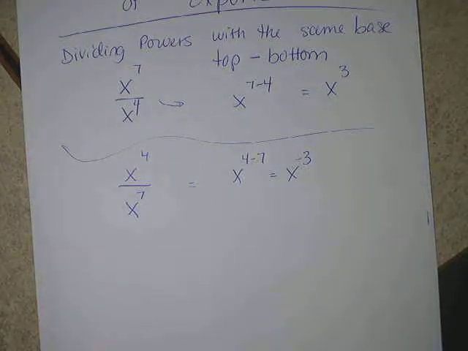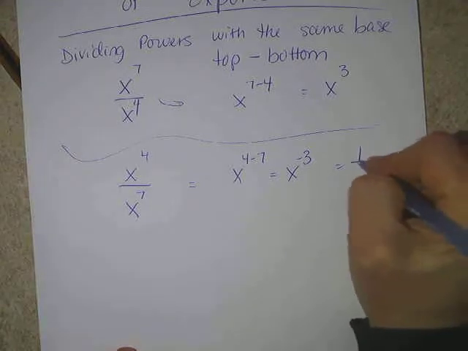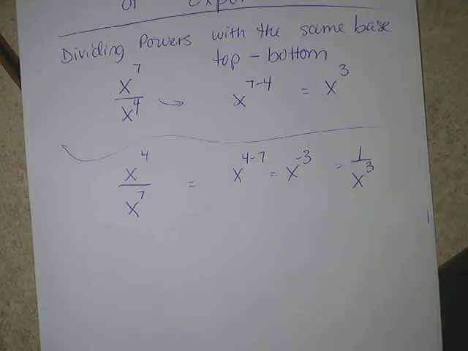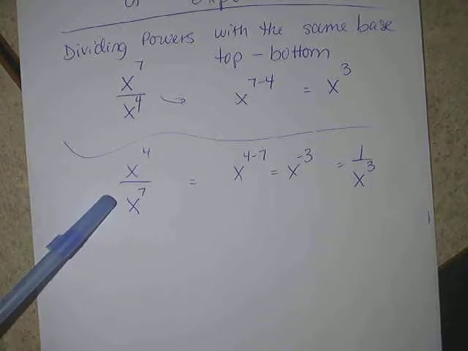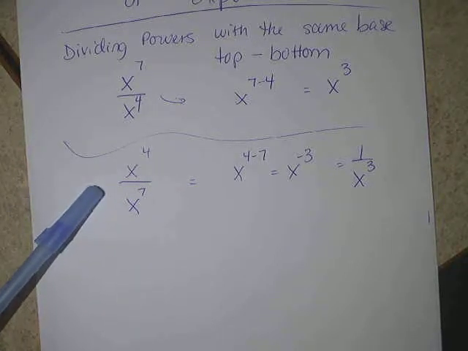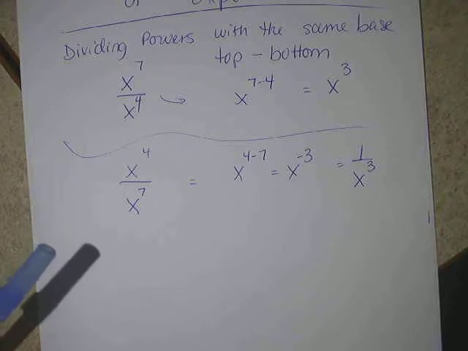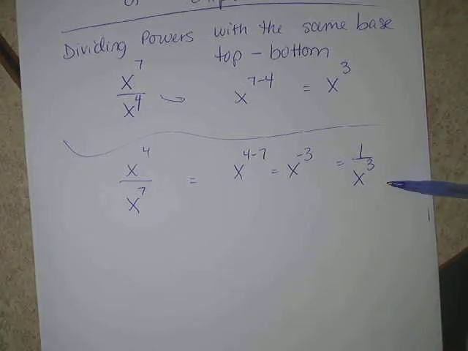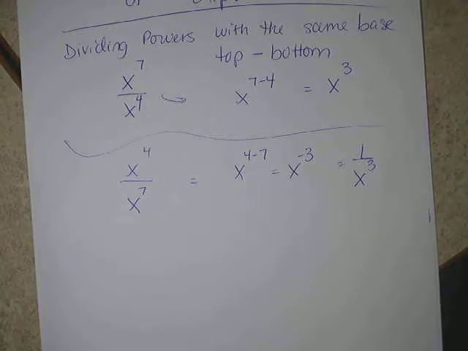Okay, so this would be x to the negative 3, and you still don't want to leave any negative or 0 exponents, so that would be 1 over x to the 3rd. And when you think about it, if there are 4 on top and 7 on the bottom, and 4 of those pairs would cancel out, your extras would be on the bottom, right?